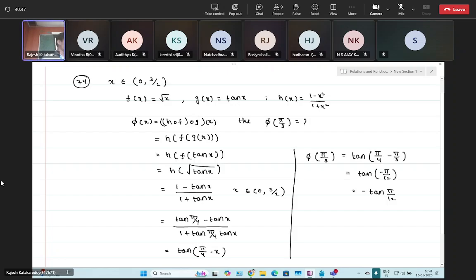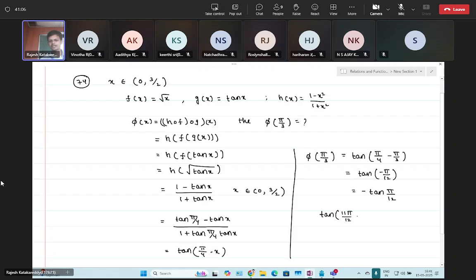If you check tan 5 pi by 12, it is 5 into 15, 75. That is positive, quadrant 1. Tan pi by 12, 15 again positive. Tan 7 pi by 12 might be negative, but that is not equal. You consider tan 11 pi by 12.